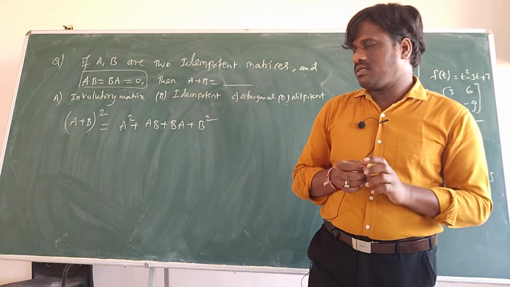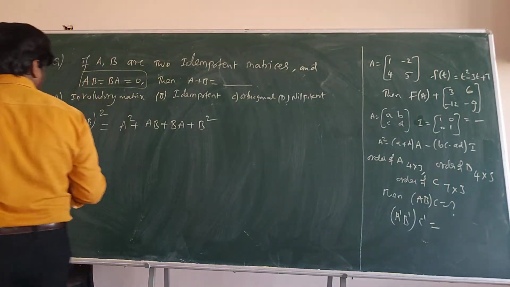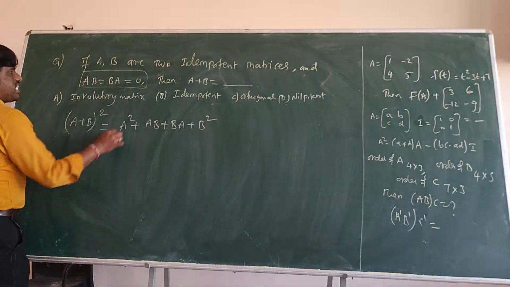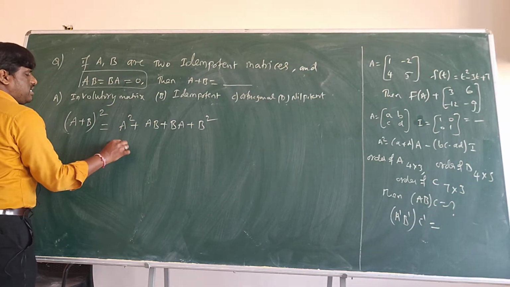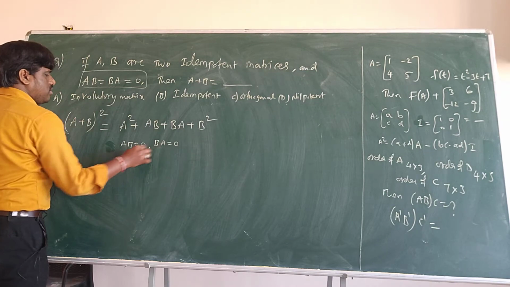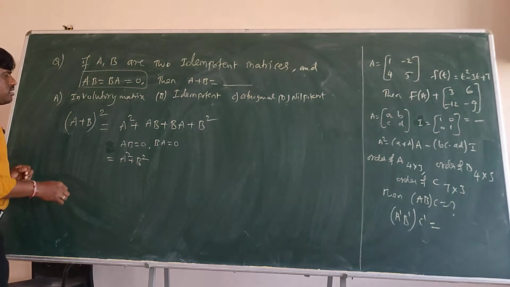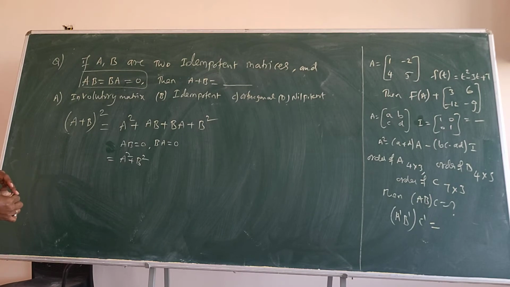Now they have given AB is equal to 0 and BA is equal to 0, so what do you get here? A square plus B square. So A plus B whole square is equal to A square plus B square.